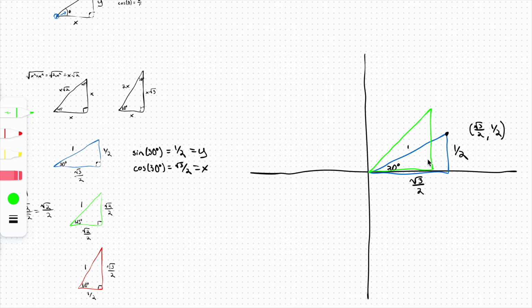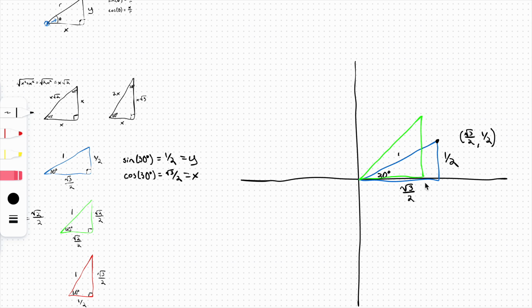So this is another right triangle, just like this right triangle. And we're going to have a radius, or a hypotenuse here of 1. I'm not going to write that out, but it's 1. And this bottom leg is equal to root 2 over 2. And this other leg going in the y direction is also equal to root 2 over 2. So I could label that, I'm not going to.